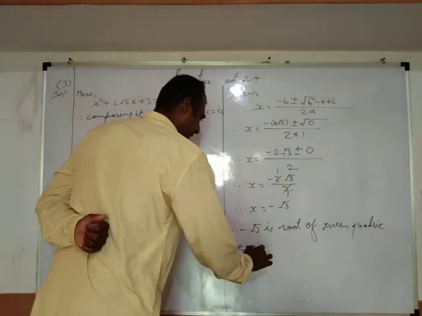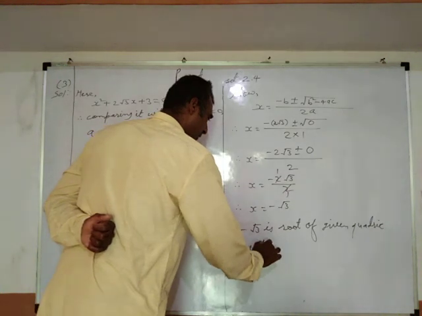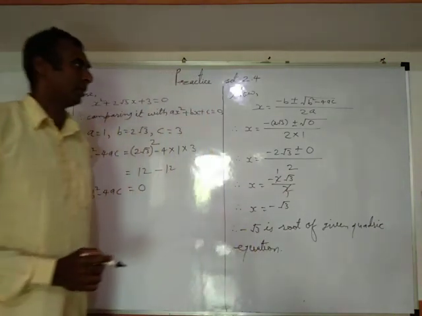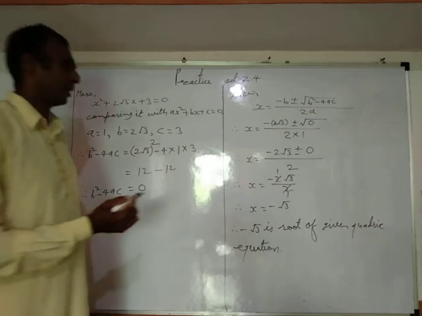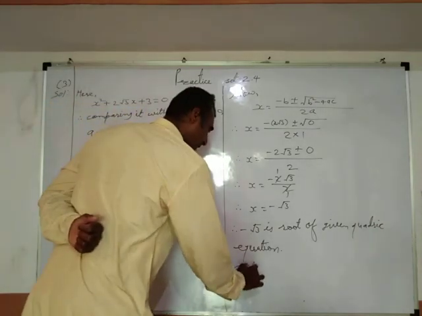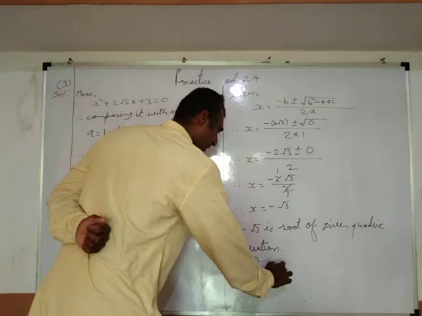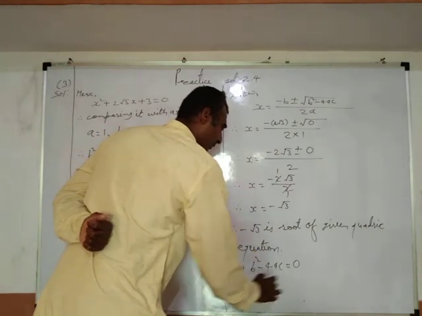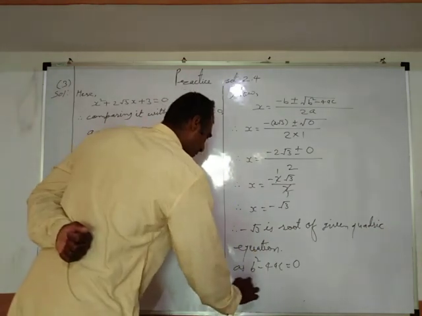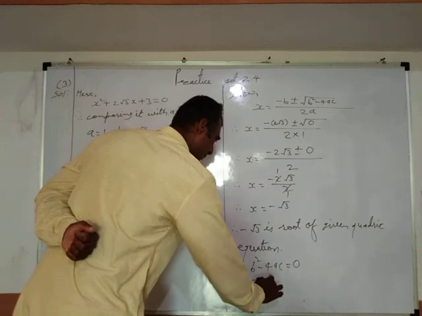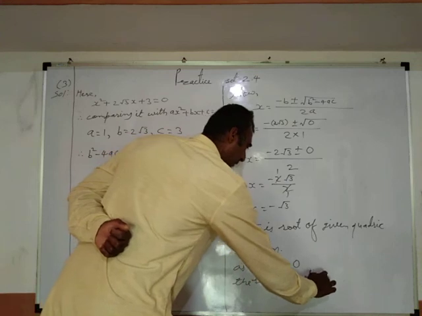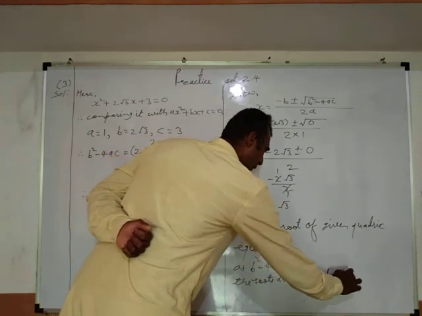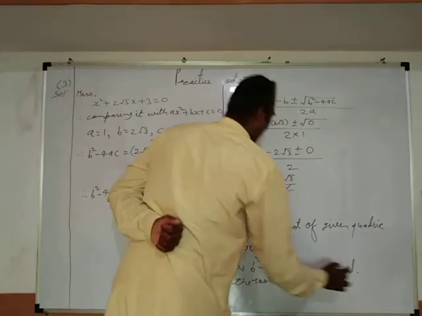Okay, here we got only one root because value of b square minus 4ac is 0. The roots are real and equal. Okay, how?